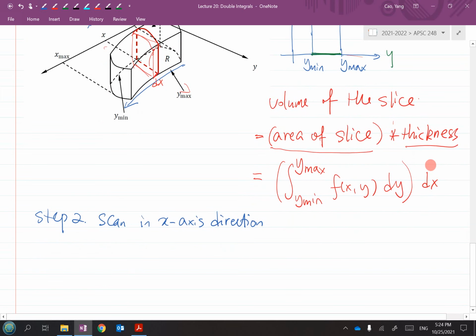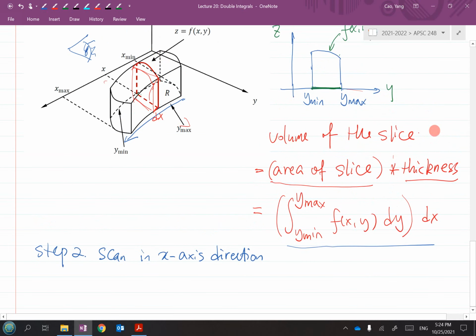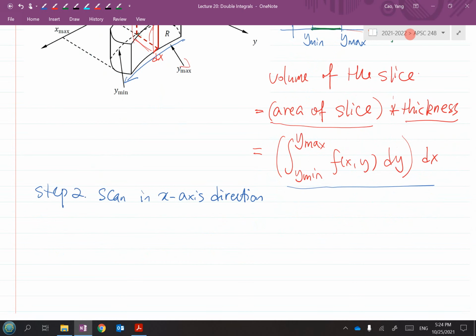Mathematically, the scan means you are adding up all of the volume along the x-axis direction. So you have the dx over here. The second step of the scan is to create the total volume of the bread.